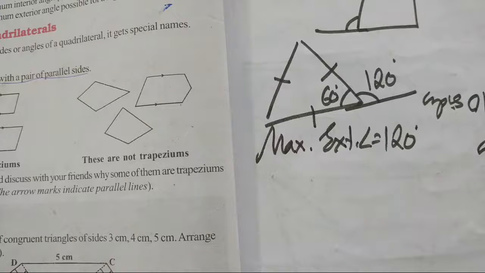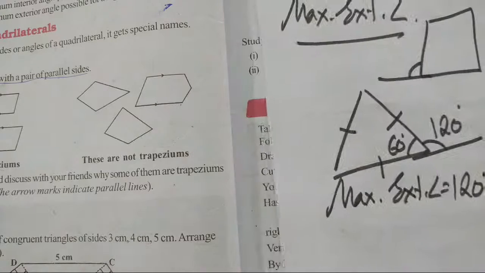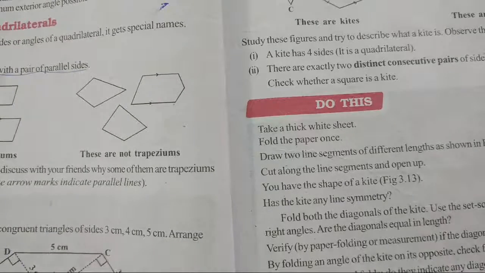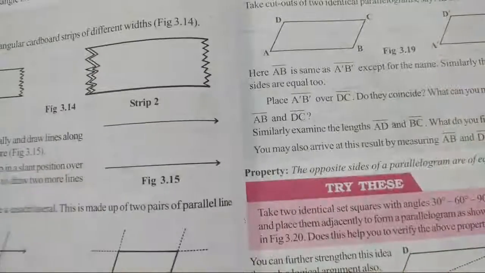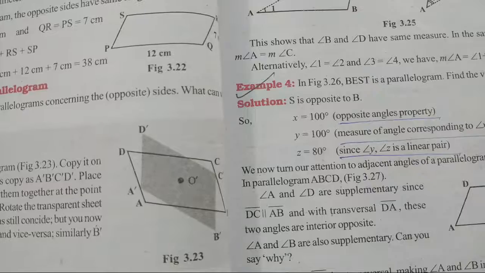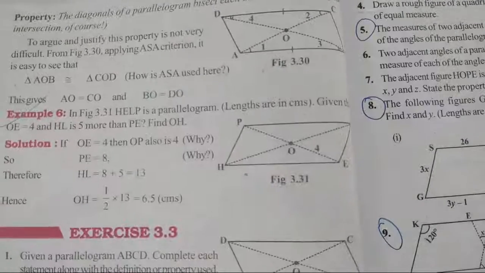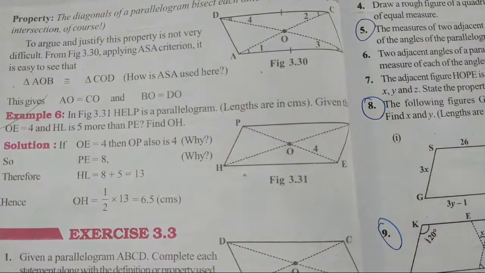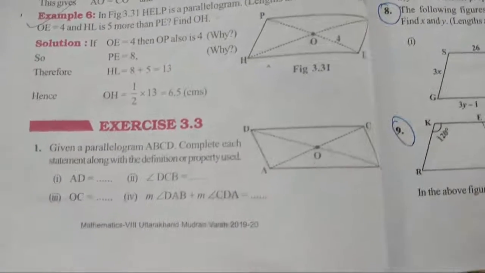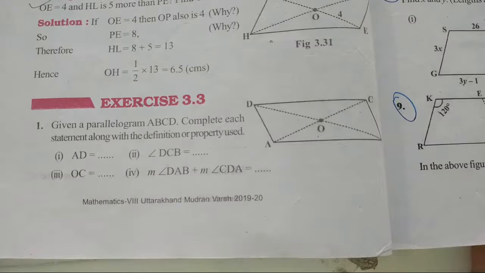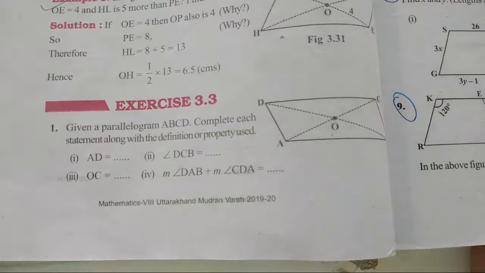So this was a short exercise applying the property of quadrilaterals and the exterior angle property. The next exercise is based on special quadrilaterals, based on a parallelogram. Exercise 3.3 is based on the properties of special quadrilaterals.